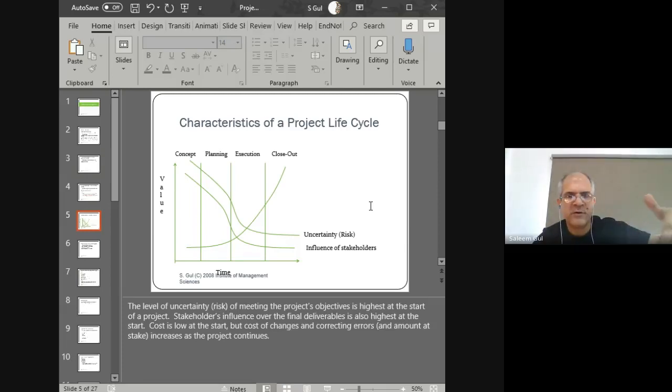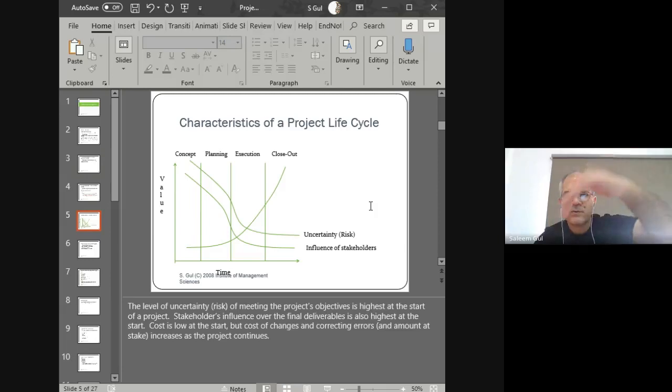So that's the line I'm concentrating upon right now. In the beginning the project is not very valuable. But as you move into requirements, design, and execution, and as you go closer and closer to the closeout or the rollout, the project becomes more and more valuable, right? So projects are less valuable at the beginning, more valuable towards the end.